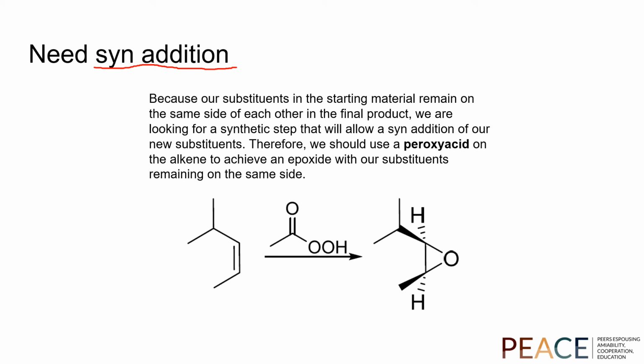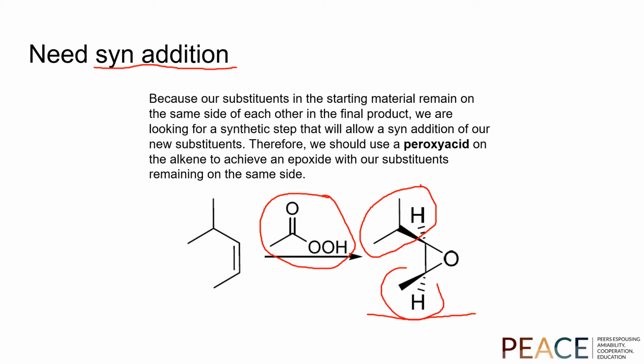And if you consult your reaction bank, you'll notice that what we need to use is called a peroxy acid, and when applied to an alkene will result in an intermediate called an epoxide. This epoxide preserves the stereochemistry found in the alkene. As you can see, the isopropyl and the H are still on the same side, in addition to the methyl group and its implicit H.